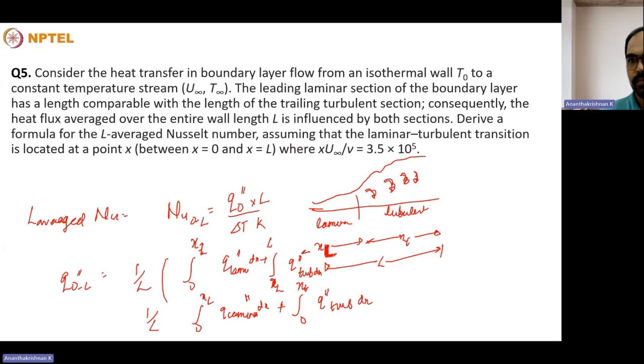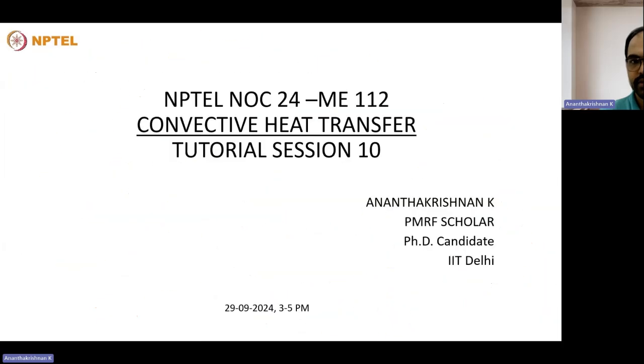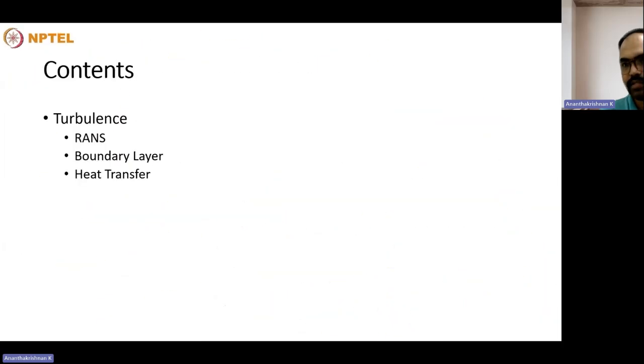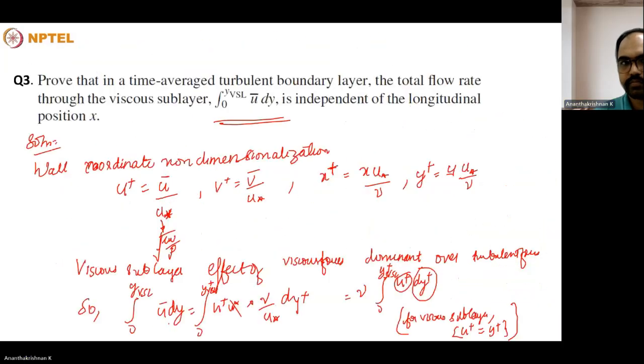That completes the problem set for this week. In this week, we have seen a few derivations based on the turbulence Reynolds equation, boundary layer heat transfer, and the energy equation. How to derive the Reynolds averaged energy equation was one question, and that used the identities for the time averaging rules.